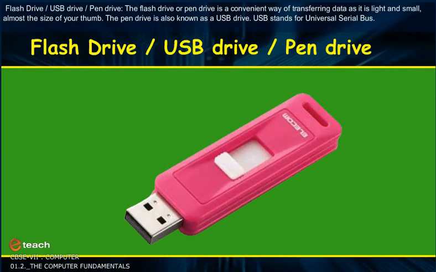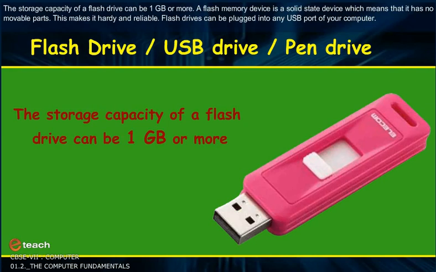Flash drive, USB drive, pen drive. The flash drive or pen drive is a convenient way of transferring data as it is light and small, almost the size of your thumb. The pen drive is also known as a USB drive. USB stands for Universal Serial Bus. The storage capacity of a flash drive can be 1 GB or more.